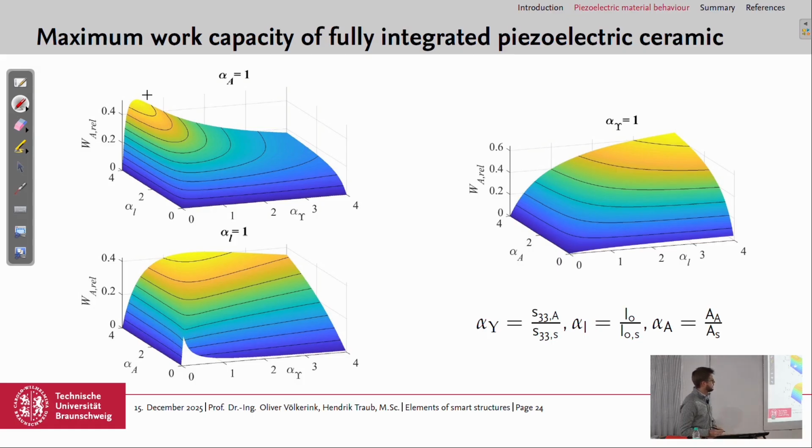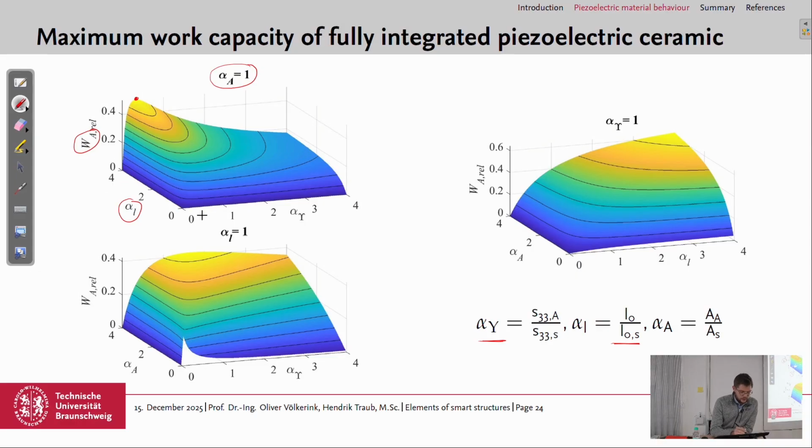I think they are a bit small in the projection, but we have here WA, the maximum work capacity, and here we say that alpha A is 1, so same cross section of the actuator and the structure, and then we vary alpha L for the length and alpha epsilon for the stiffnesses, and we can see that we have a maximum of work capacity when we have a length ratio of 4.